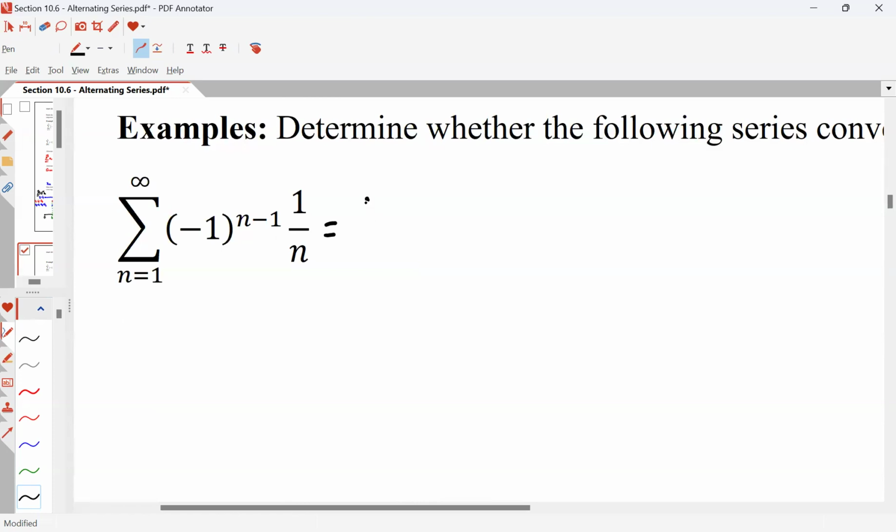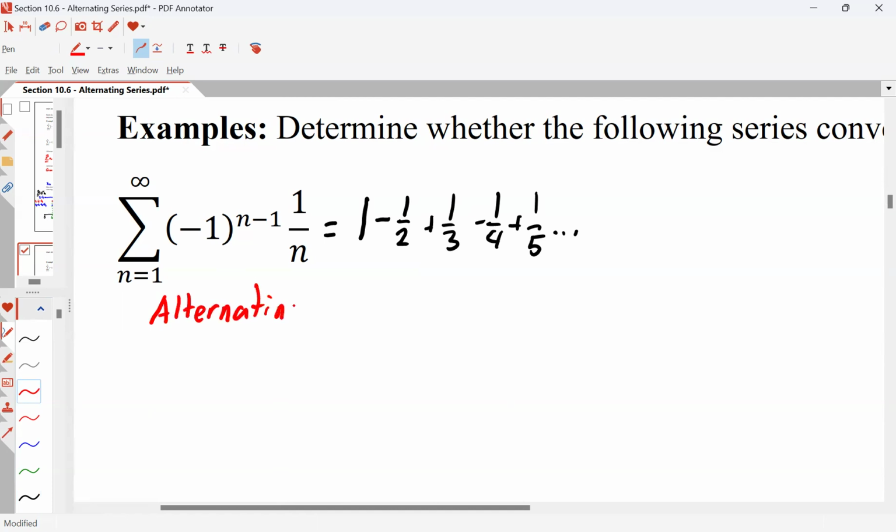So this will start as 1 minus 1/2 plus 1/3 minus 1/4 plus 1/5, and so on. Just because the exponent has changed, the name is still the same. This is still the alternating harmonic series, because we have the harmonic series that alternates between positive and negative.